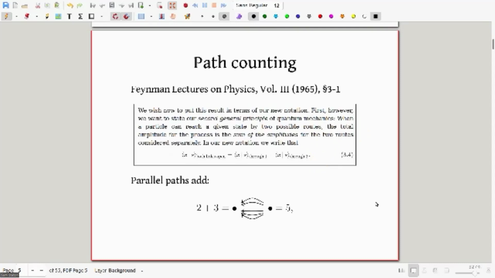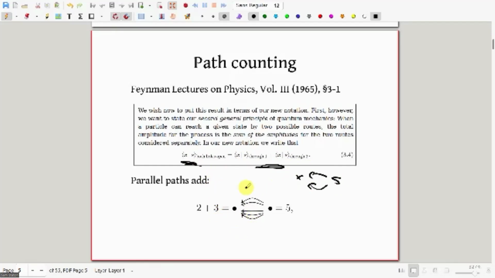One answer to this is, you can find this stuff in Feynman's physics lectures, volume 3. This is how he introduces quantum physics as a kind of path counting. His idea is that you have a particle going from some source to some x, and this is the equation that he writes here: if there are two different holes that it can go through, then the total amplitude you get is from adding up the two different possible ways, because there are two paths here.